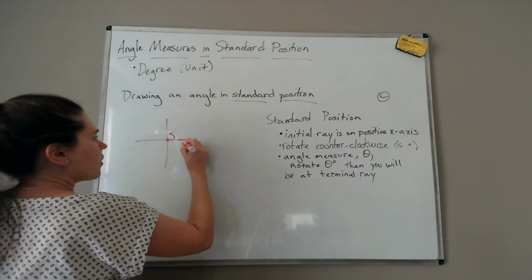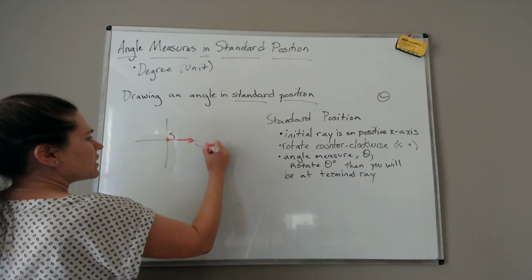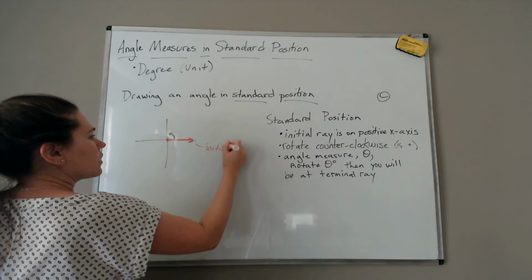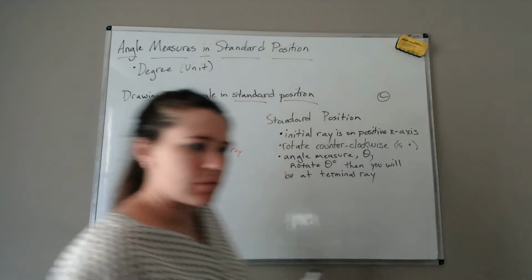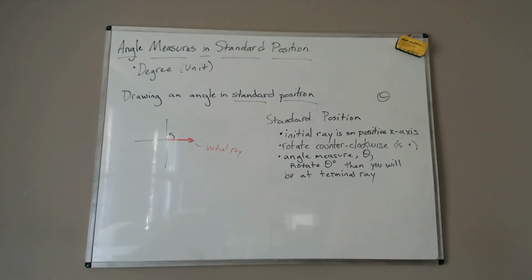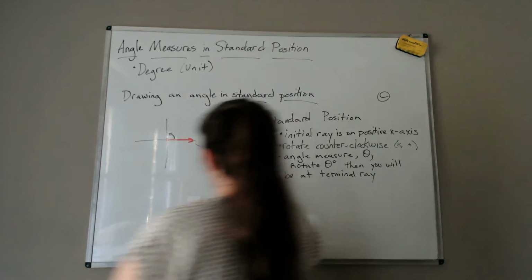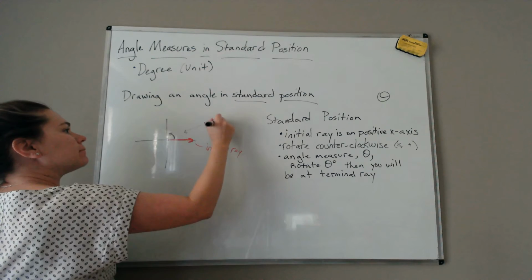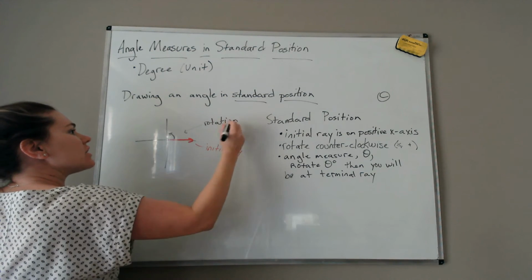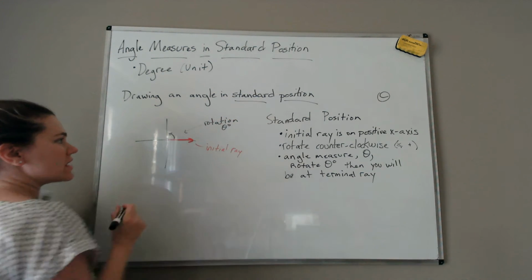This red one is called the initial ray. Then I will draw this little black arrow, which is the rotation. That is, you moved theta degrees.